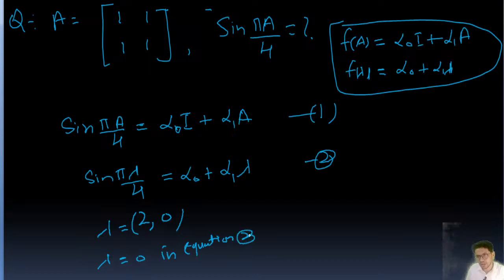Sin 0 is alpha naught plus alpha 1 into 0, and sin 0 is 0, so the value of alpha naught is 0.